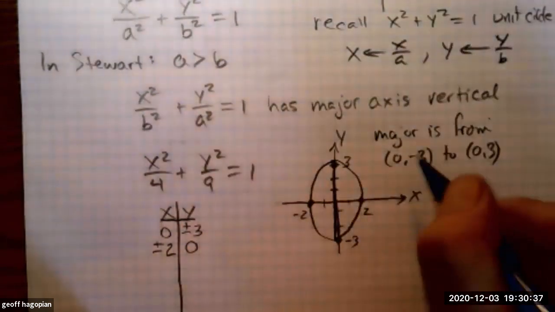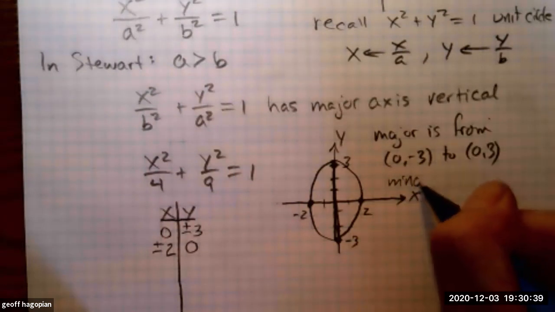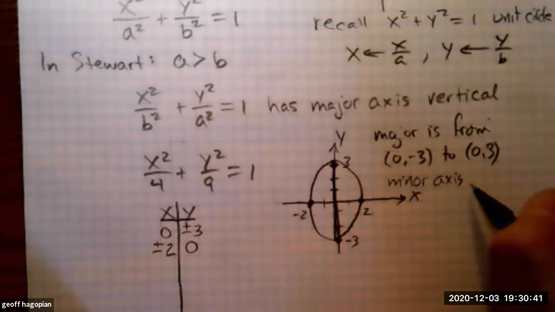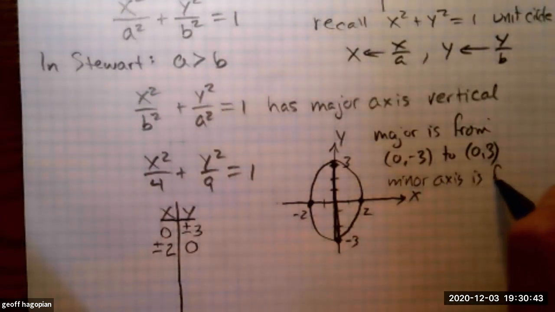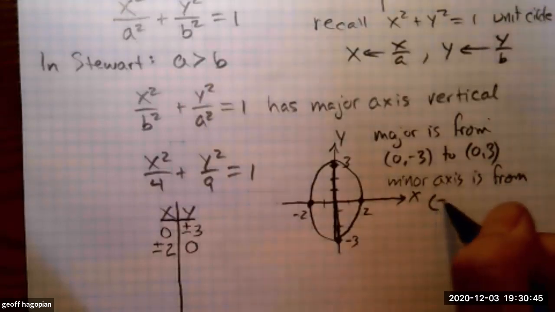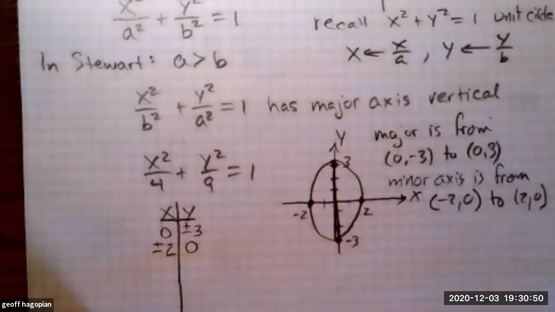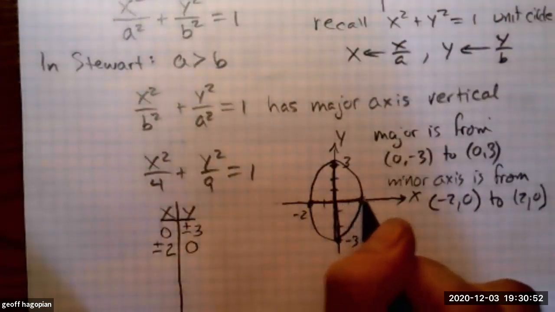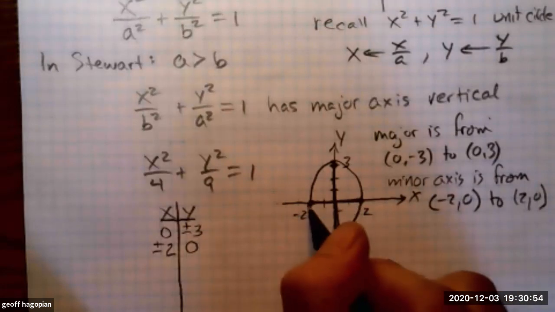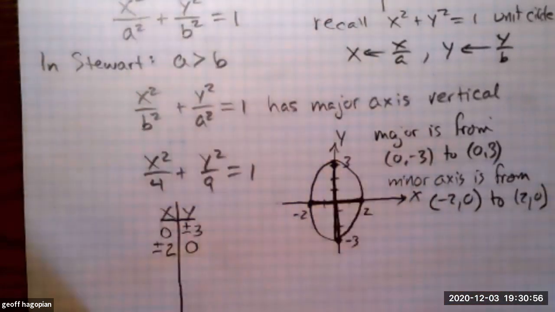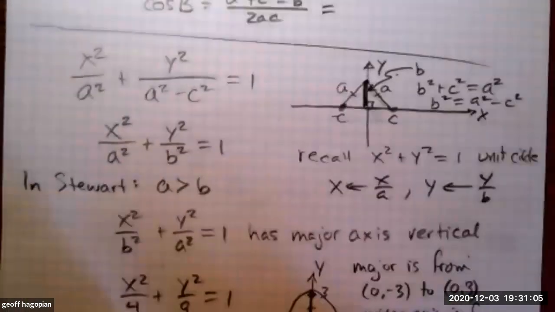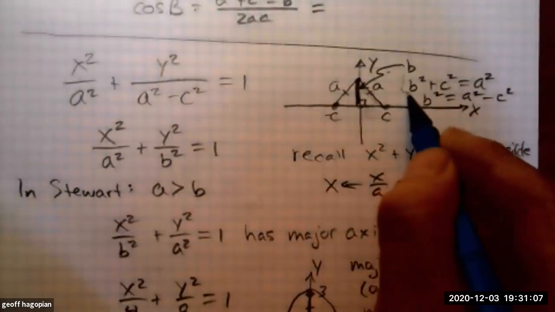The minor axis is from negative 2, 0 to 2, 0. So that's this axis. The foci are on the major axis, so in this case, the foci are above and below the origin. And how can we find the foci? We'll go back up to this relationship between A, B, and C.